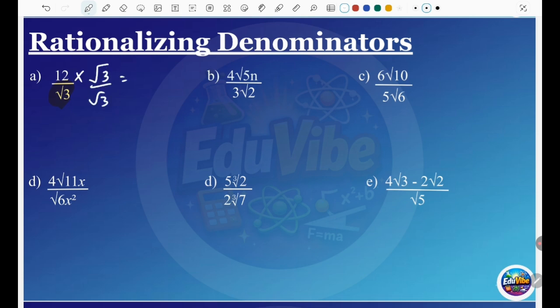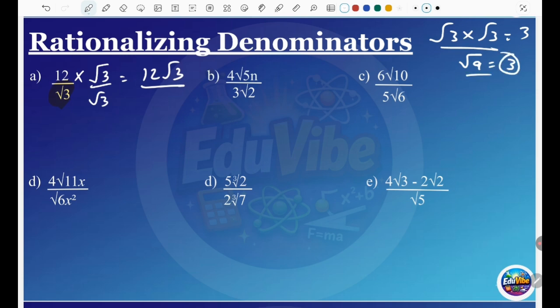When you multiply, you get 12 root 3 in the numerator, and root 3 multiplying root 3 gives you 3 in the denominator. So now you don't have a radical in the denominator. Now you can simplify this, and you get 4 root 3.